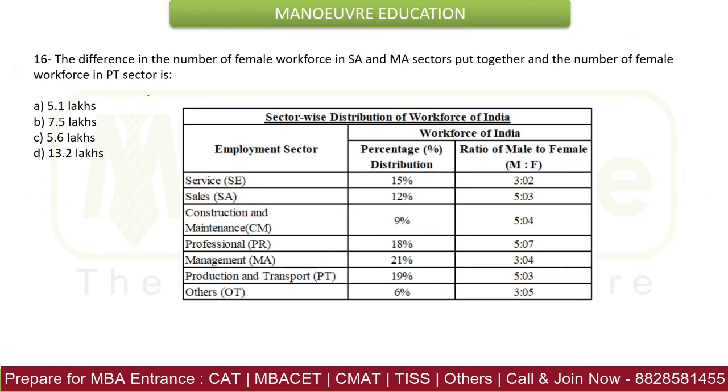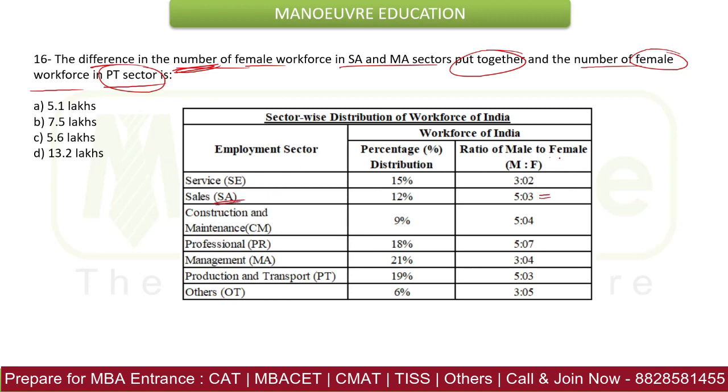The next one: the difference in the number of female workers in SA and MA sectors put together and the number of female workforce in PT sector is. Okay, so they are asking here about the numbers. So let's say percentage of female in SA sector.